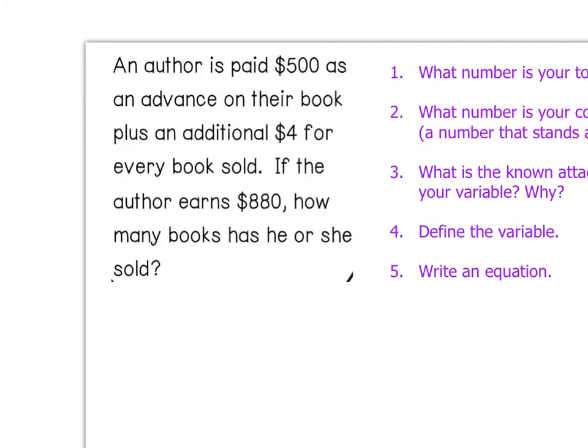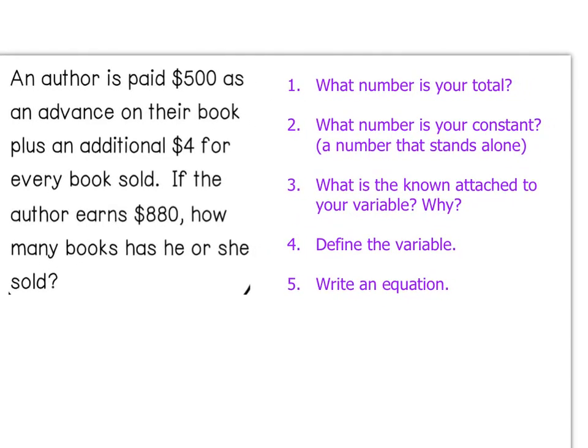Alright, now let's go ahead and look at another problem here. We have an author is paid $500 as an advance on their book plus an additional $4 for every book sold. If the author earns $880, how many books has he or she sold? So just like the first one, we have our steps written over here. First thing we're going to do is find the total amount.